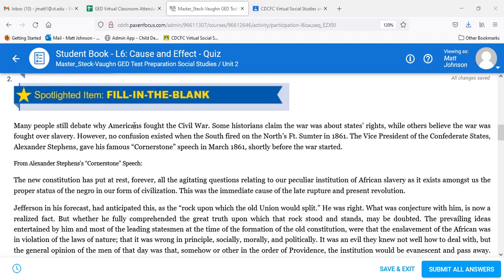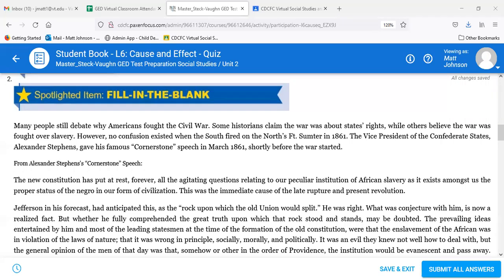However, no confusion existed when the South fired on the North's first summer. That's an abbreviation for fort. It's Fort Sumter.